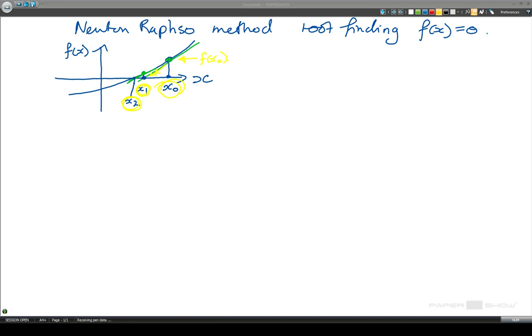Okay, so let's examine this in a bit more detail with another diagram. So if our function is like this, now this is our axis, and I'm going to say our first guess is here at x0. Then we have a sort of triangle here.